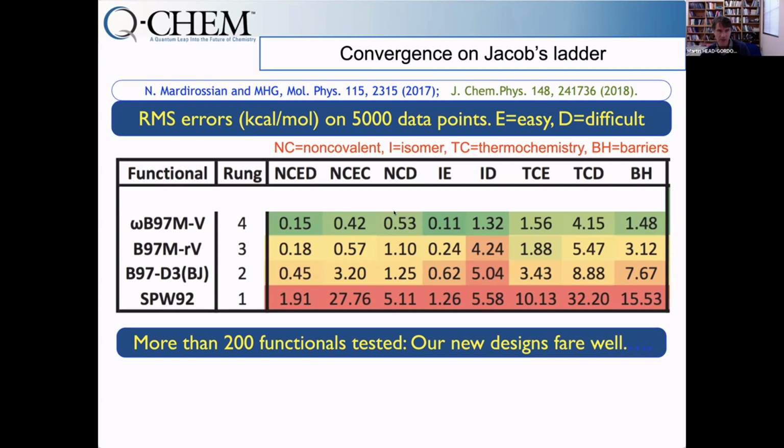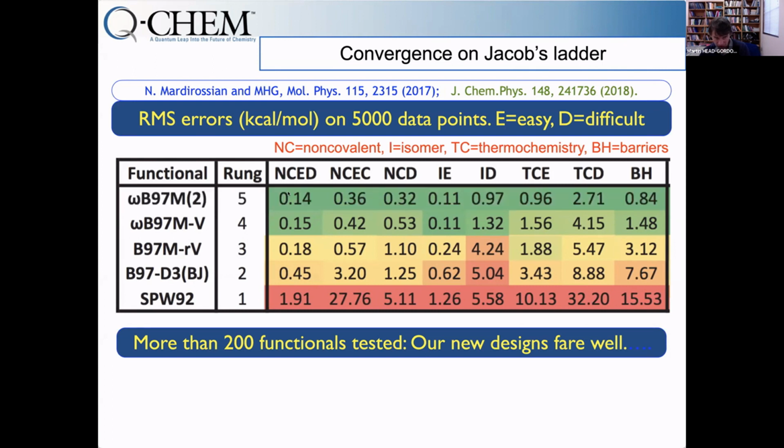So barrier heights, difficult non-covalent interactions, these were the highlights here. Chemical accuracy is sometimes said to be 1 kilocalorie per mole. So we're in the ones for a 1 sigma error. So that's not really chemically accurate. But you can see in a statistical sense, steady improvement.